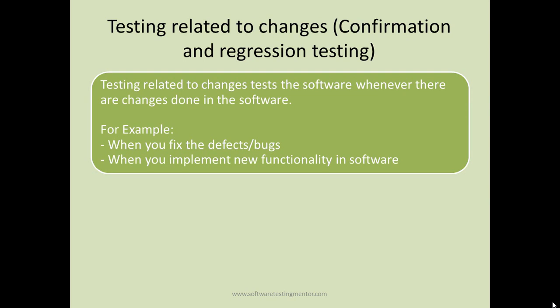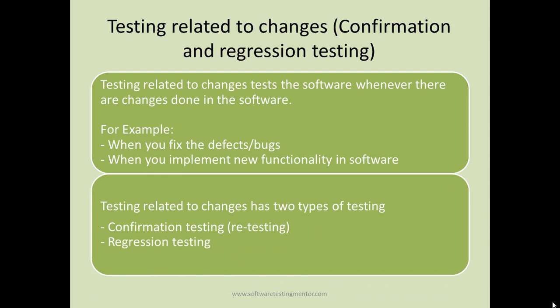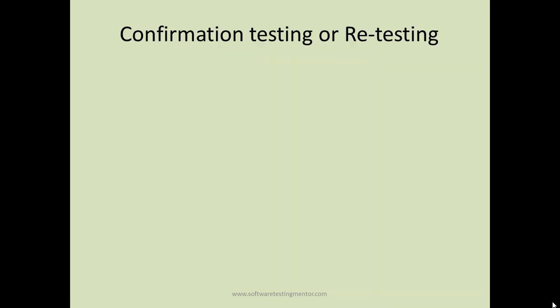So regression testing is to find out whether any other part of the software is being affected by the addition of new functionality or defect fixes. So testing related to changes has two types of testing. The first is confirmation testing or retesting, and the second is regression testing.